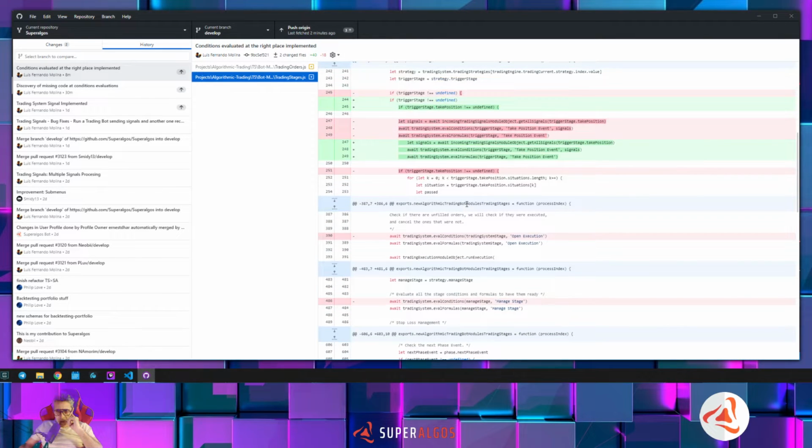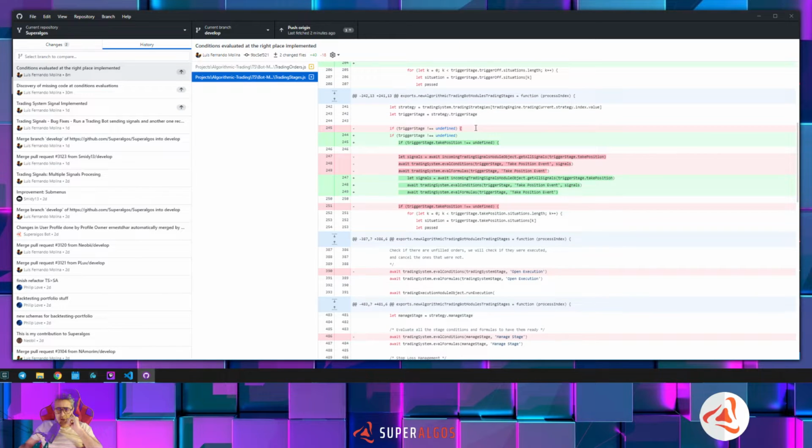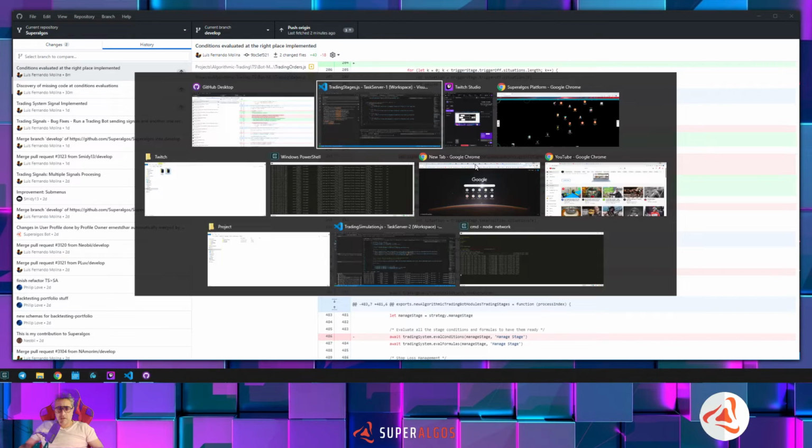Let's check. Line 251 or 245. There used to be a bracket there and there is none here. 245.